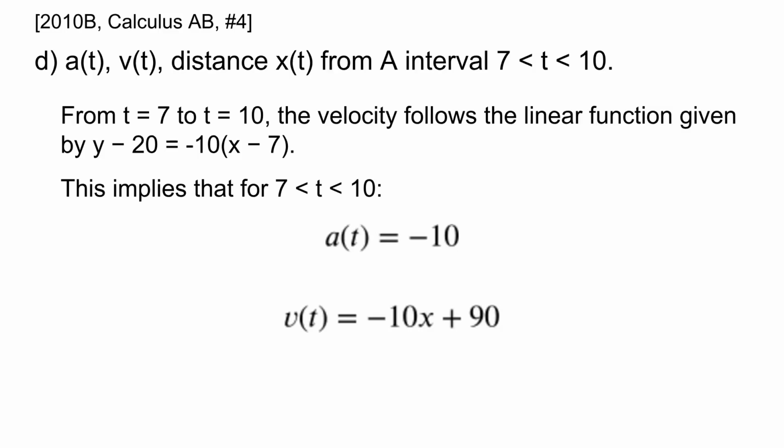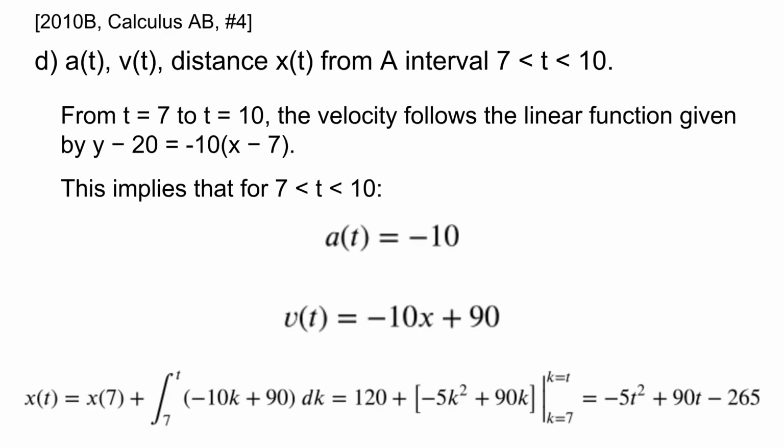This implies that for the open interval between 7 and 10, a of t is negative 10, since that's just the slope of the velocity function, which happens to be linear, and v of t is negative 10t plus 90.